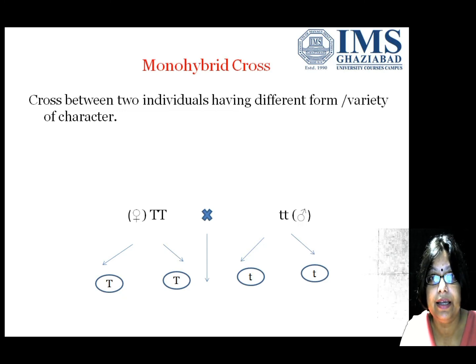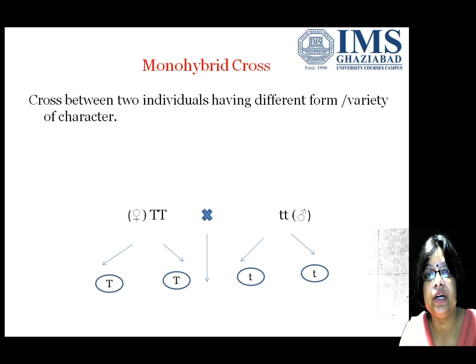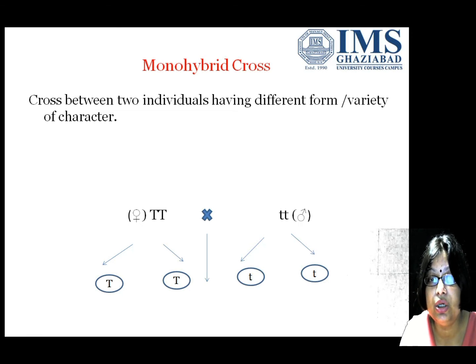More precisely, the monohybrid cross is a cross in which the male and female parents have one characteristic with two different forms, and after breeding we get a hybrid which differs for a single characteristic.